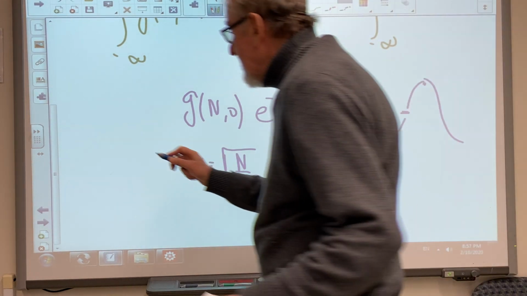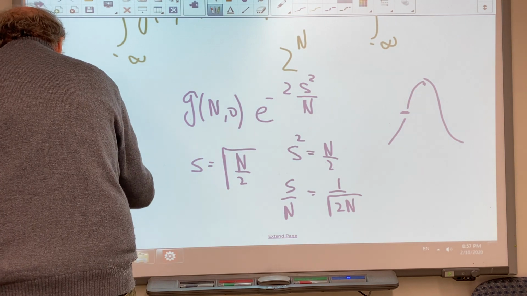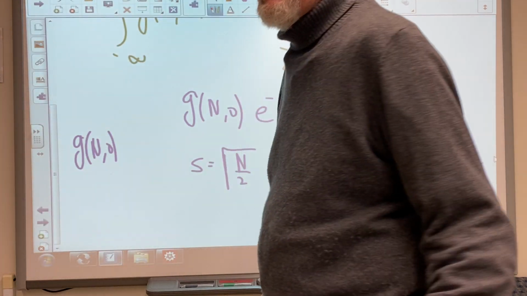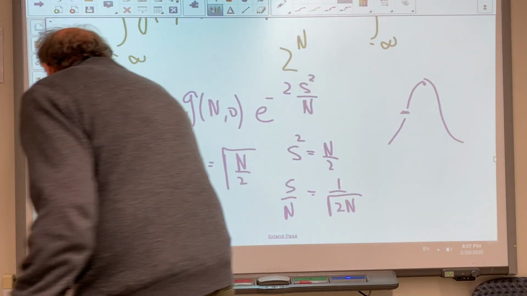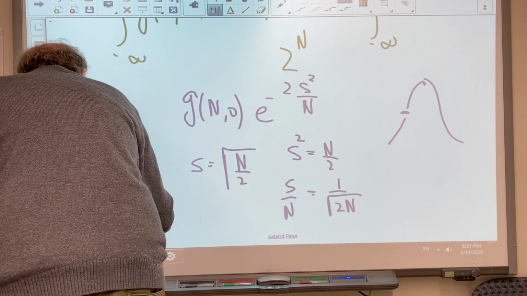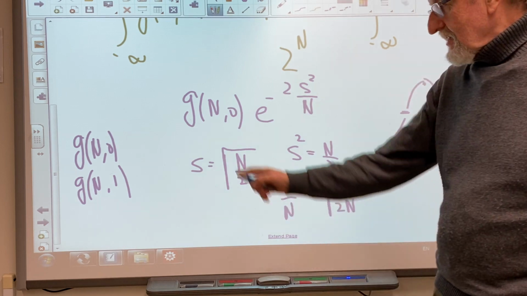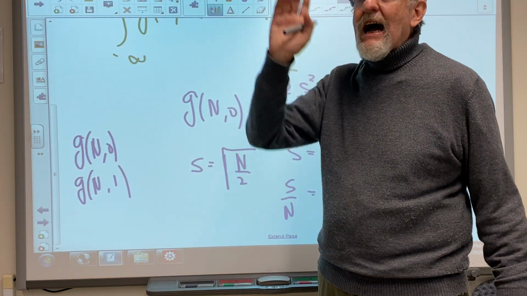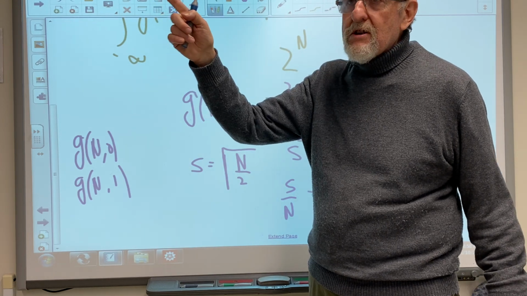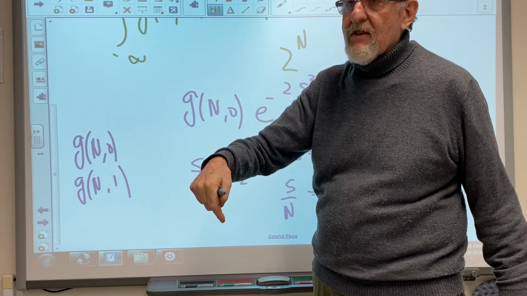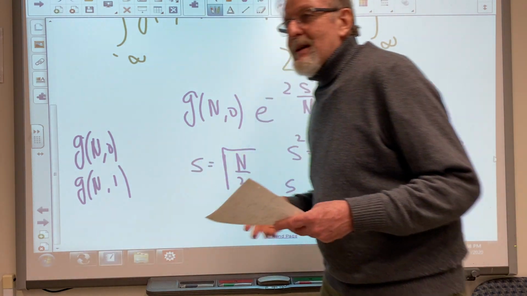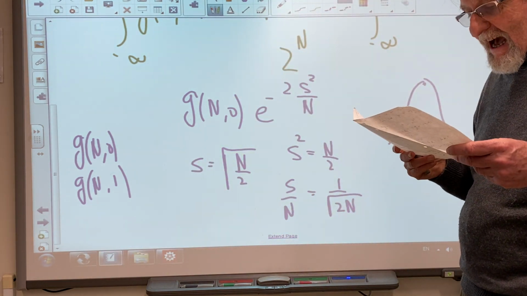So you see, if you calculate G of n0, we say this very big number. If you calculate G of n1, which is what we call having n over 2 plus 1 of the spins pointing one way and n over 2 minus 1 pointing the other way, well, this number is not that much smaller than the other, right?